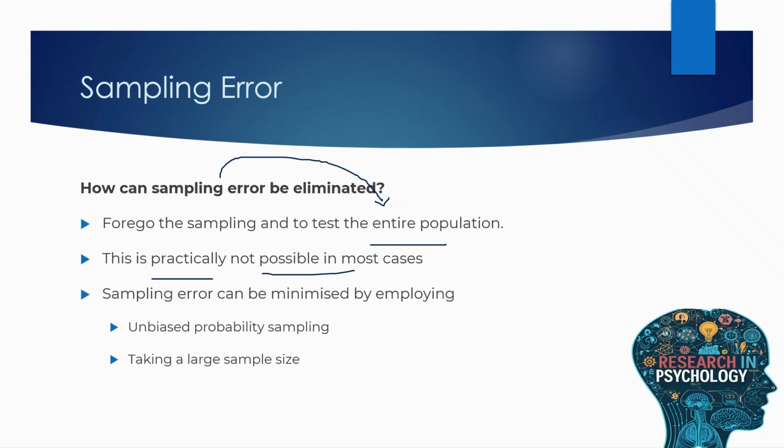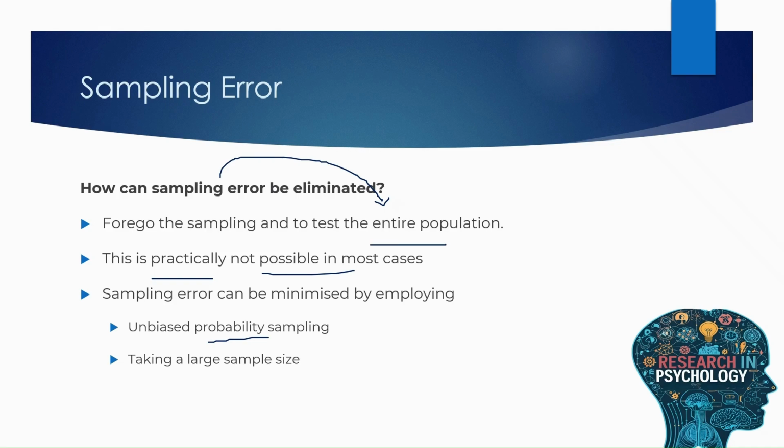Sampling error can be minimized by employing unbiased probability sampling, which means the researcher is not using any bias or any deliberate features to select the sample from the population. The researcher has to use probability sampling, where each and every individual or unit has an equal probability of being selected for the research.